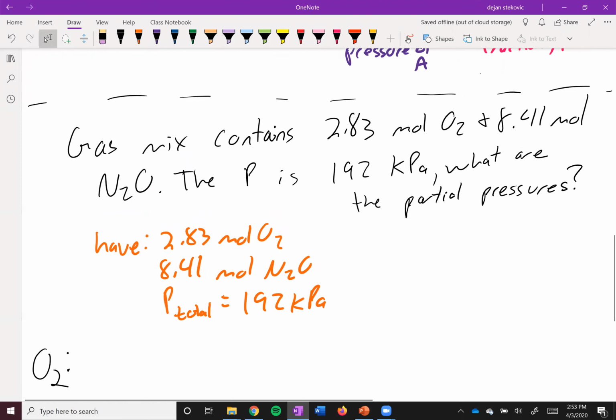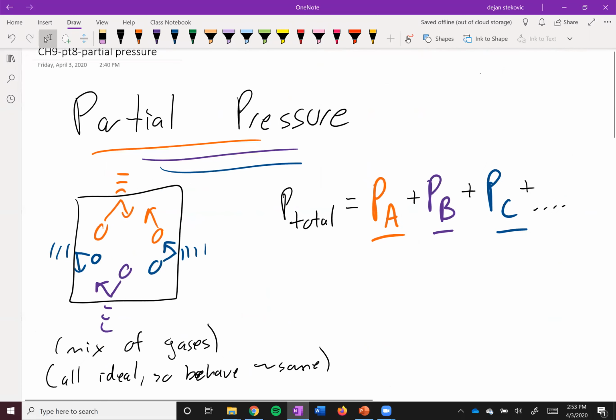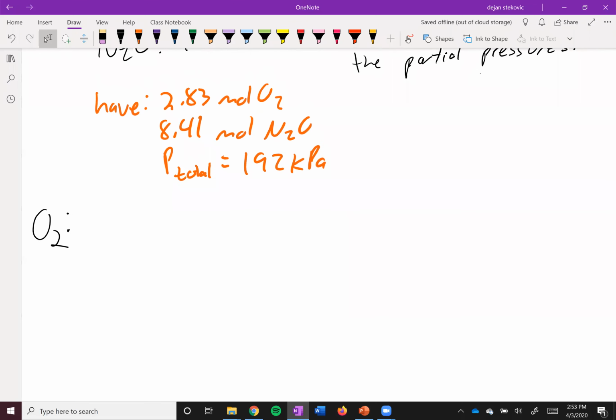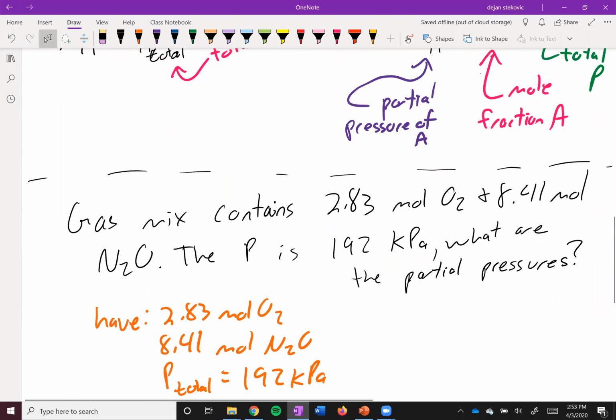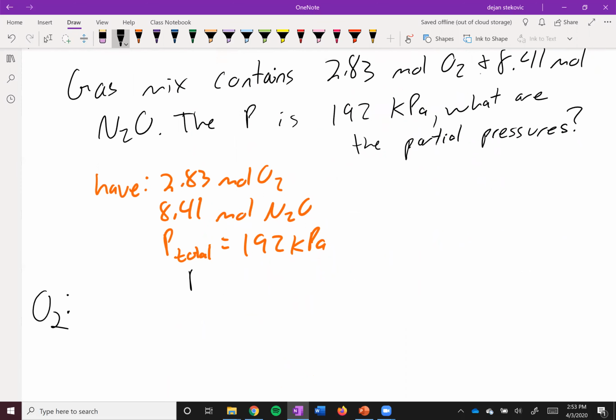So if we're thinking about partial pressures, we remember that the total pressure is the sum of the partial pressures. So you can say P total is equal to PO2 plus PN2O.